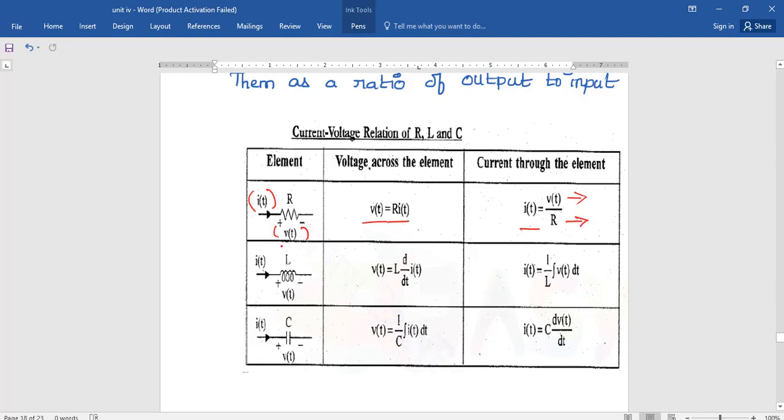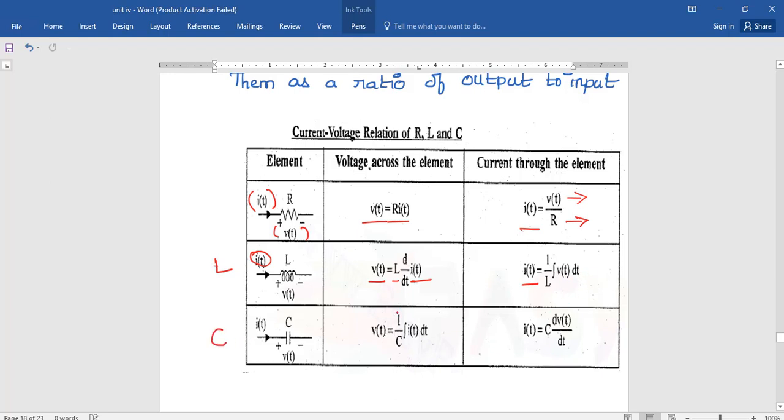Next we have the inductor. In an inductor, the voltage across the inductor depends upon the inductor value, that is L into di by dt, the current flowing through the inductor. Similarly, the current flowing through the inductor depends upon 1 by L integral of v of t into dt. Next is the capacitor.